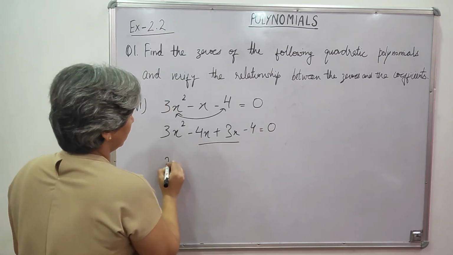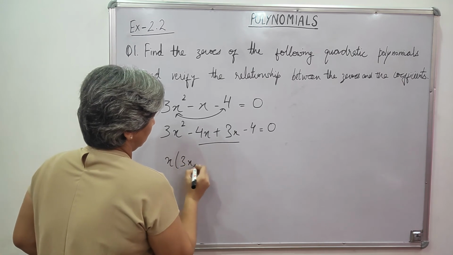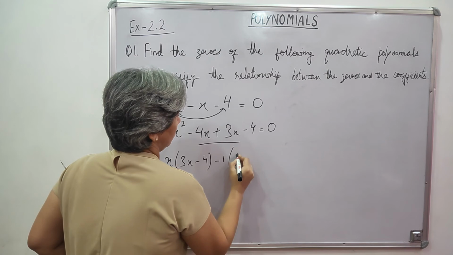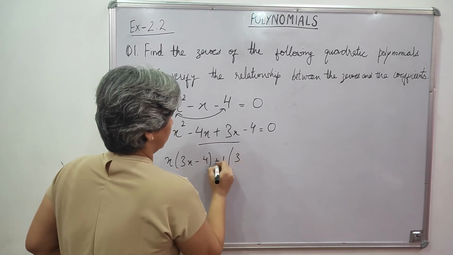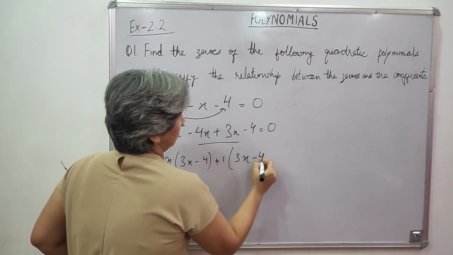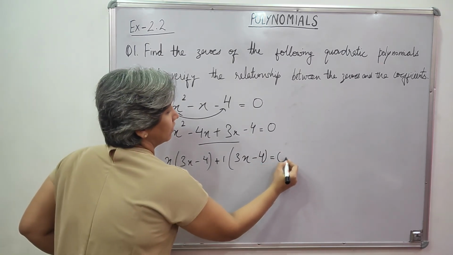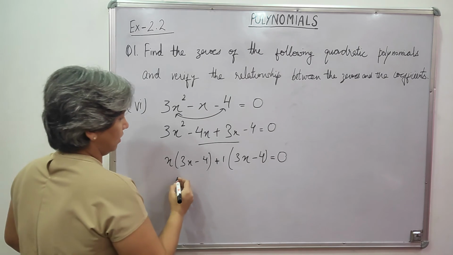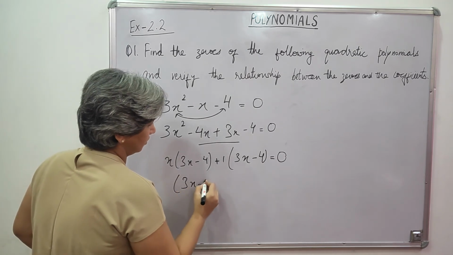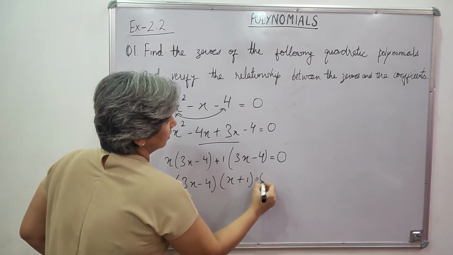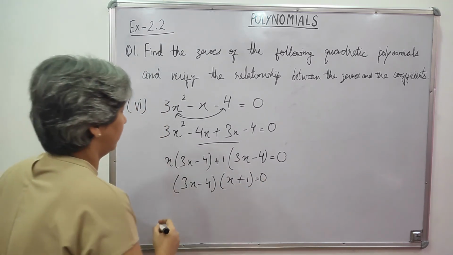Let's take common. 4 that is plus 3x minus 4, right? Then again something is common which can come out, and we'll have inside this, right?